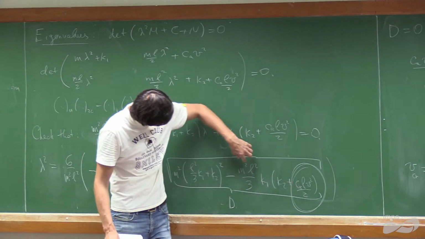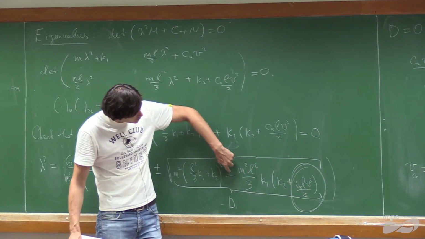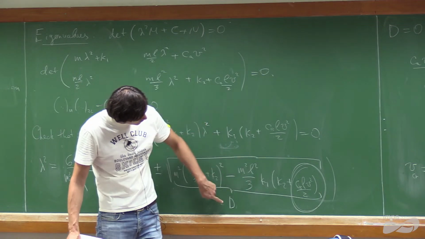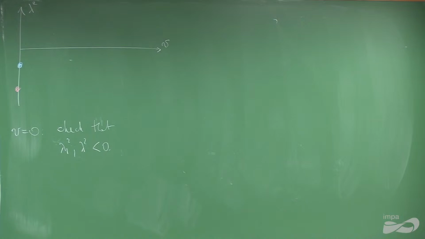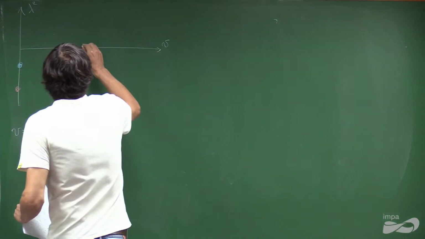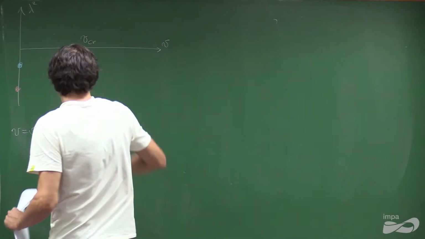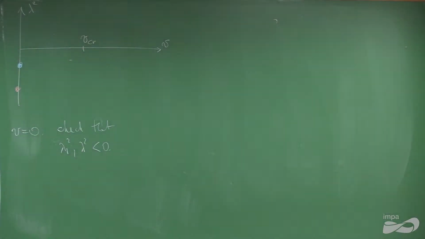When velocity is increasing, it comes with minus. So when velocity increases, at certain moment, the discriminant becomes 0, and we know this value. This is exactly the critical value. Very critical. So what happens is discriminant collapses, and just two eigenvalues become the same.